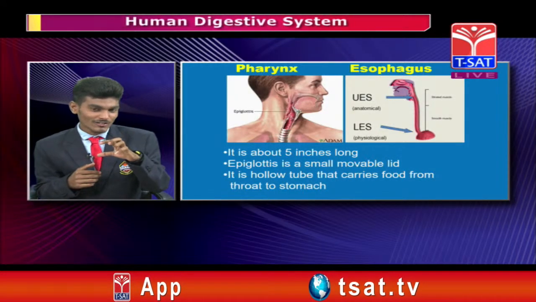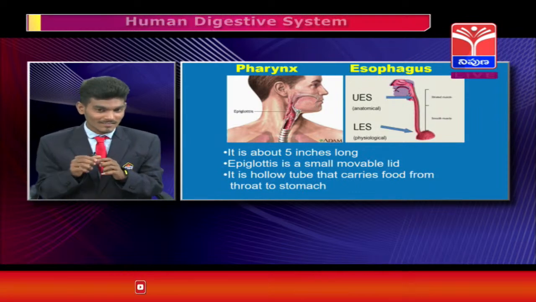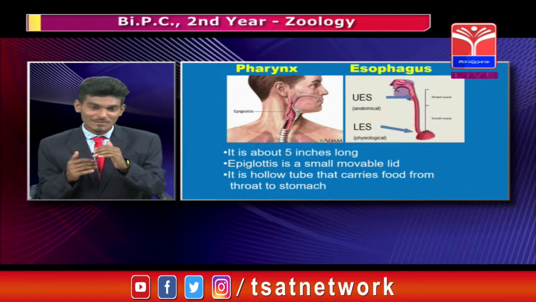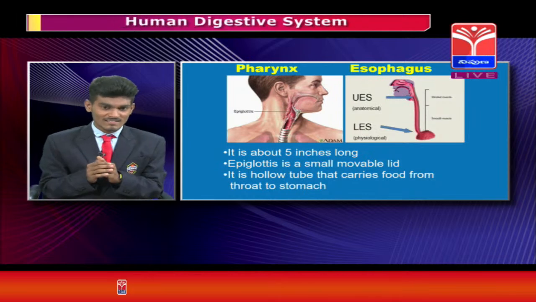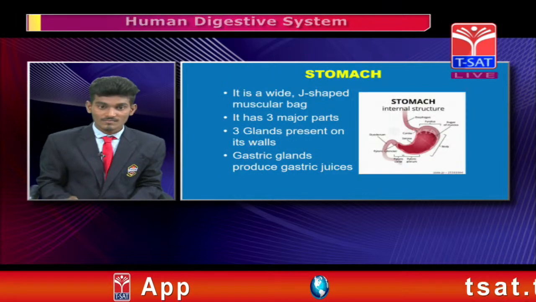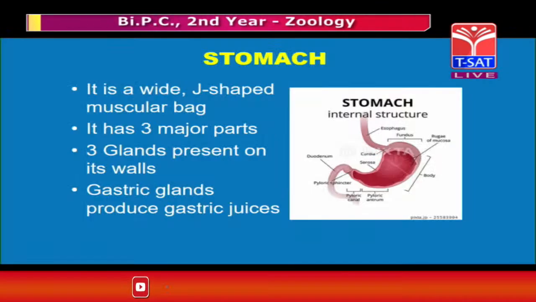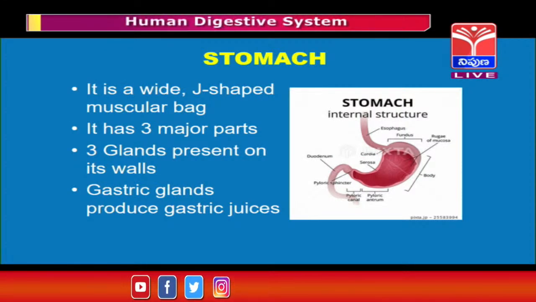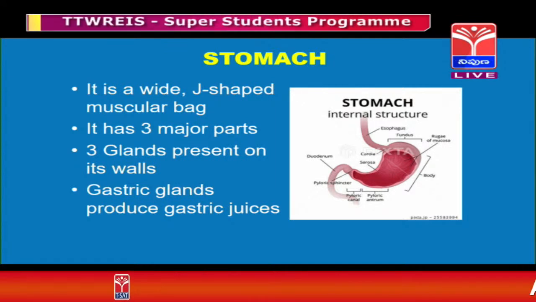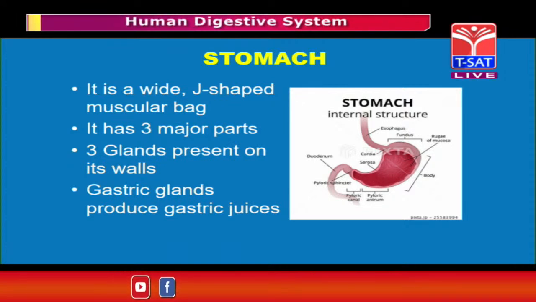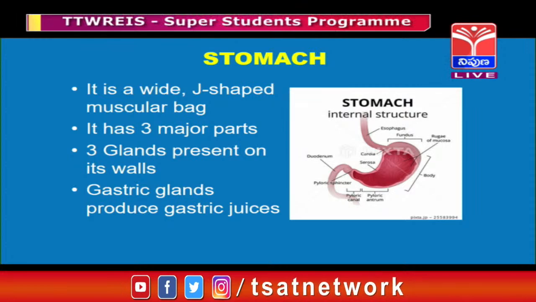The esophagus opens into the stomach. Friends, go through the next structure, the stomach. See friends, the stomach is a wide, J-shaped, big bag-like structure, and when the bolus comes into the stomach, it is converted into chyme.